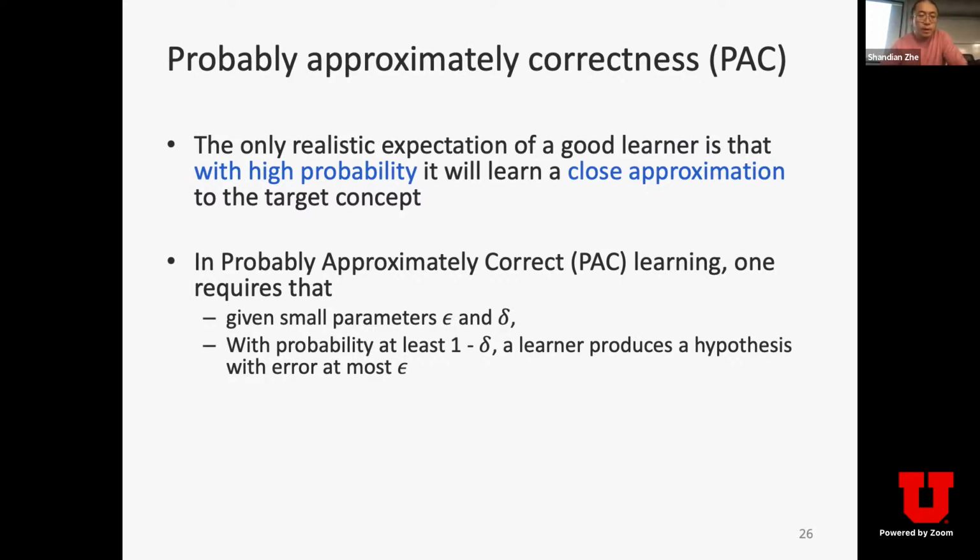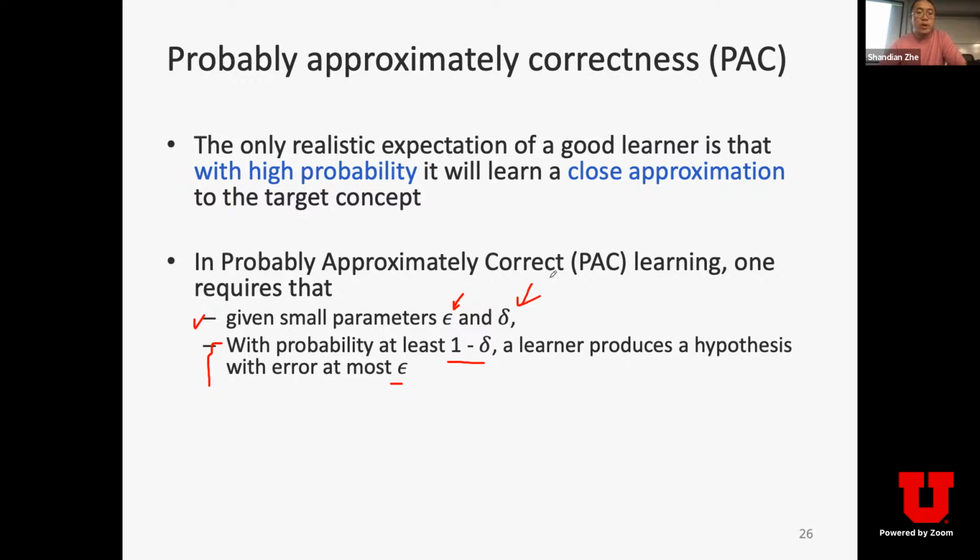In PAC learning, we are given small parameters epsilon and delta. Epsilon indicates the level of the generalization error, and delta indicates the level of the probability. Then we say a learner is good if, with probability at least 1 minus delta, it produces a hypothesis with error at most epsilon.